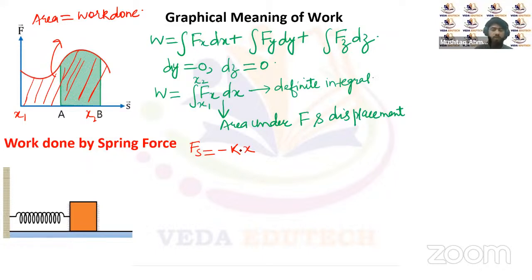It is always opposite to the direction of the extension. If we compress the spring, the force will also be in the opposite direction. So this is the force developed in case of springs.